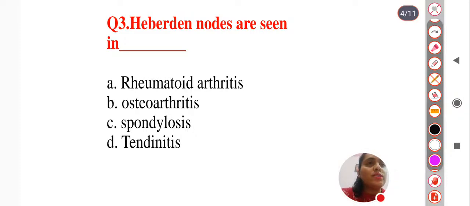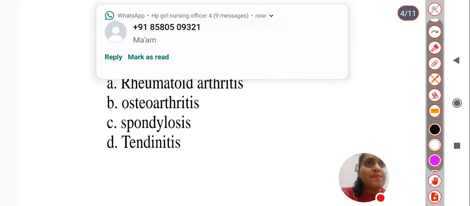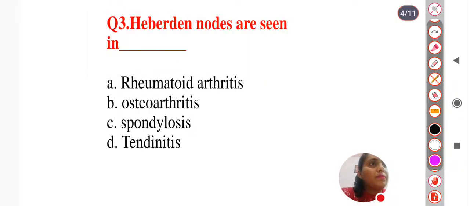Heberden nodes. Barsha Thakur A B, Upma Gupta A and B, may be confused. Okay, Barsha Thakur B and Lovely Rana B.